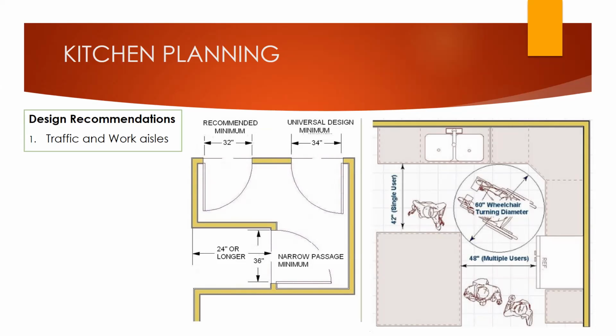Because when we start planning, that's the moment we need to take into consideration all of these guidelines. I don't need to go over all this because the book shows it, but I need to highlight the importance. When you start to design, you need to take into consideration the minimum opening for the doors, the maximum for the door, the minimum area for the corridor for people using it.